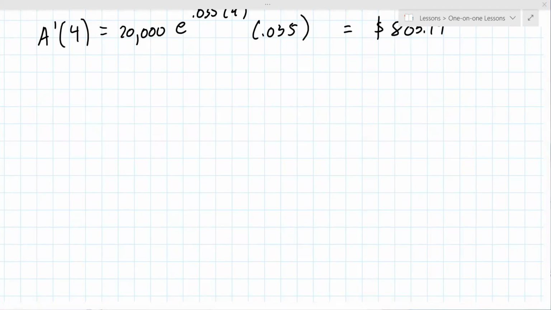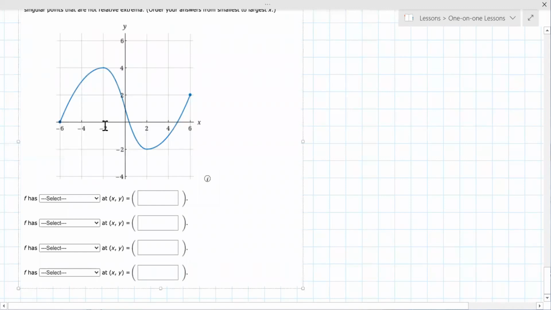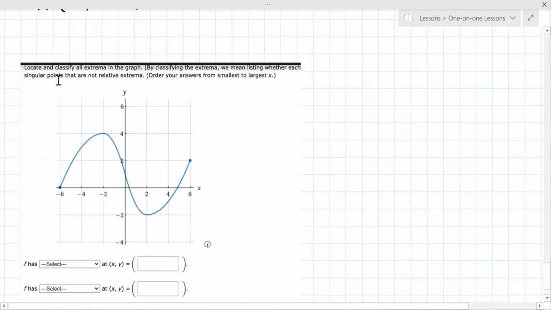So let me just snip this in, and you can tell me if this is question 1 or not. Is this question 1? Yes. Okay. Singular points.